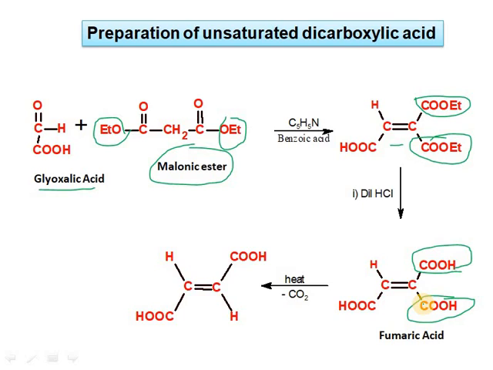One carboxylic acid will be removed, and we form the acid named fumaric acid. You know that fumaric acid is trans, right? Why is it trans? Because the similar groups are on opposite sides. Therefore, it is a trans acid. The name is fumaric acid. Right? Thank you.